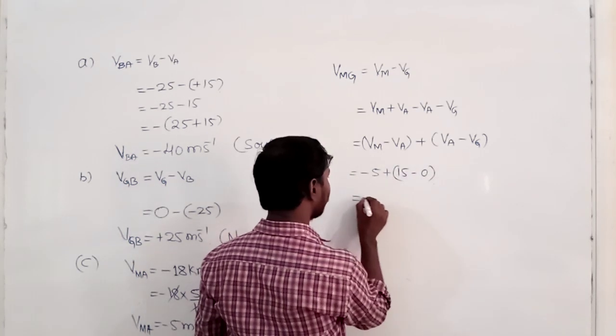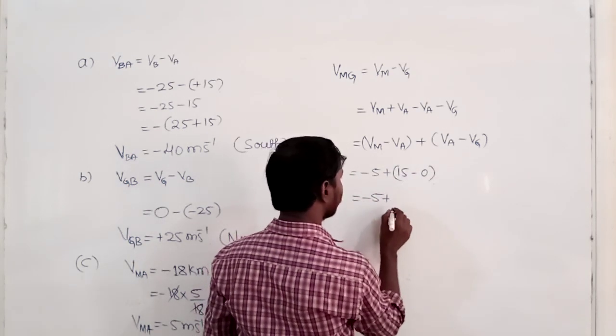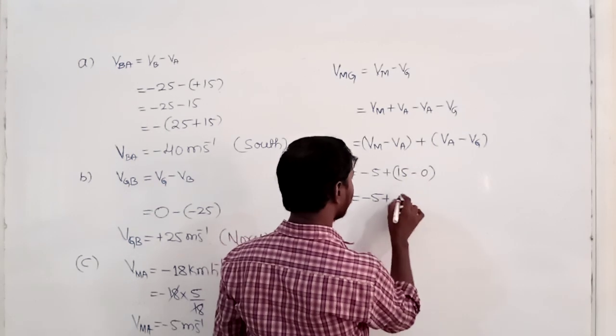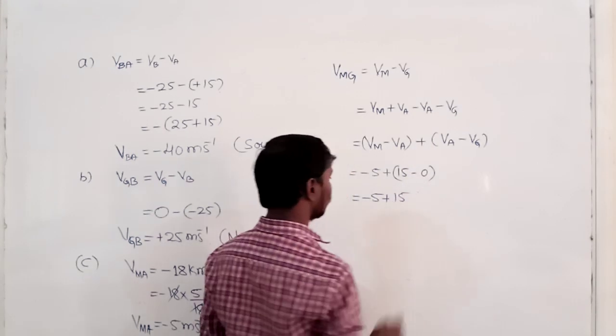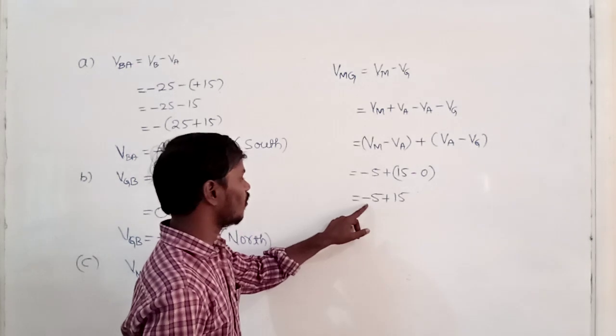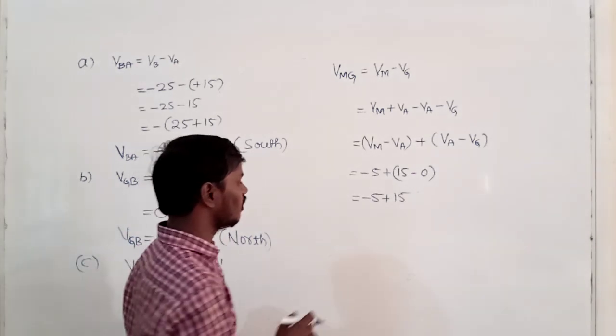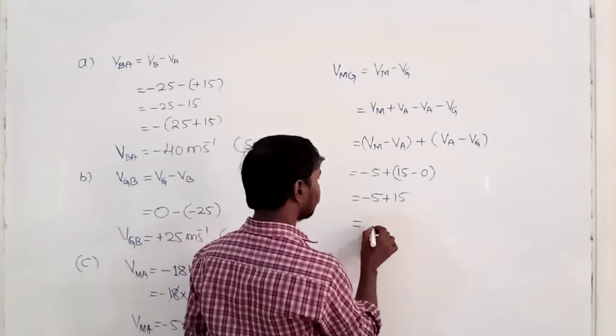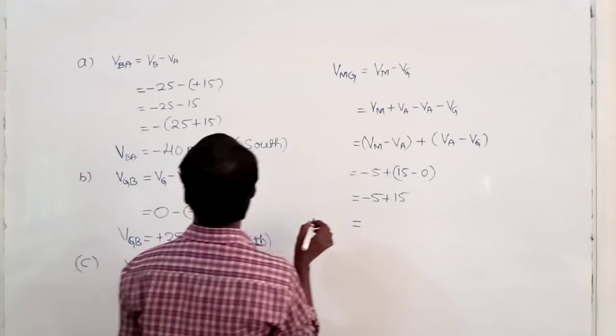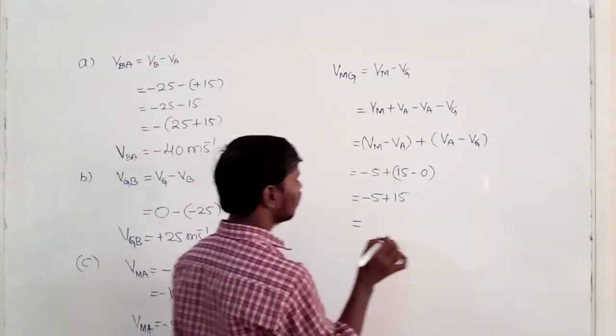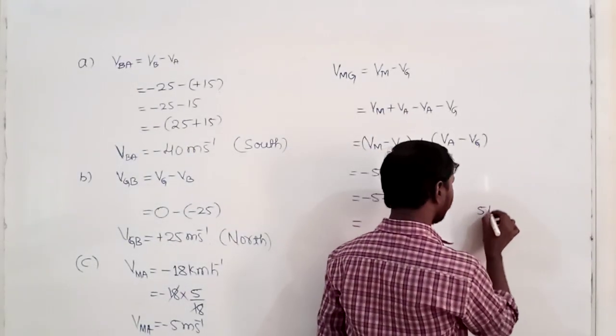Then it is minus 5, then 15 minus 0 that is 15. So minus 5 plus 15. The velocity of train A is 54 kilometer per hour.